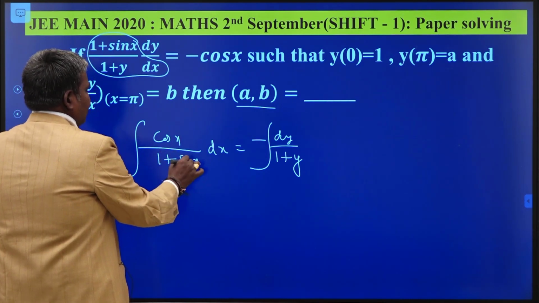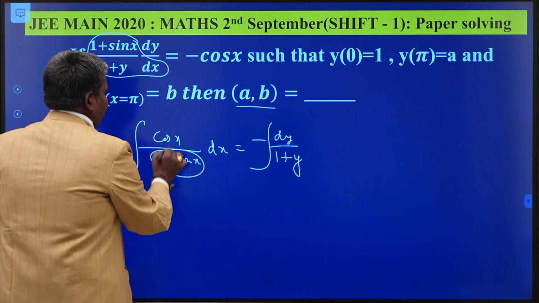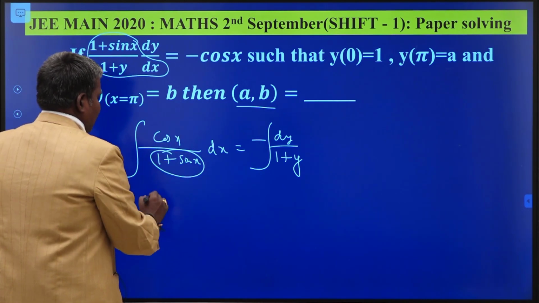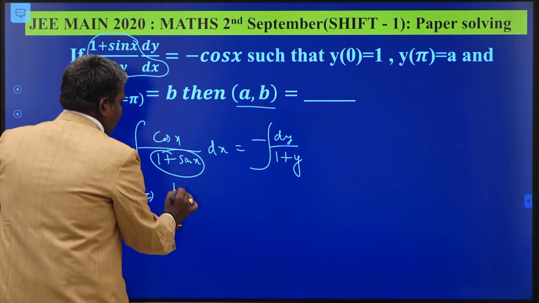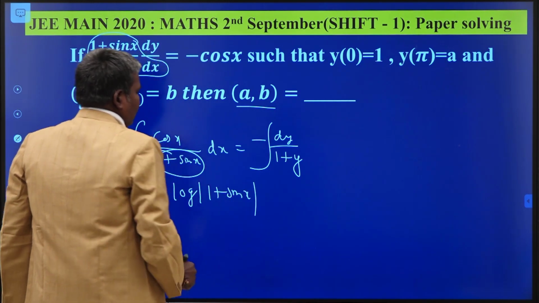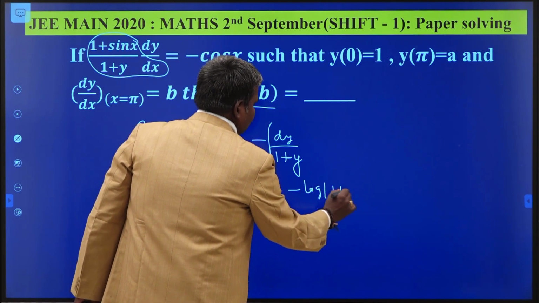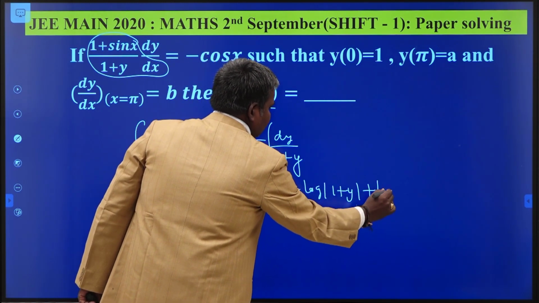So the derivative of sin x is cos x, derivative of 1 is 0 itself. So the entire derivative appears here, f dash x by f of x. What is the integration? Log of modulus of 1 plus sin x is equal to minus log mod 1 plus y plus some log c.